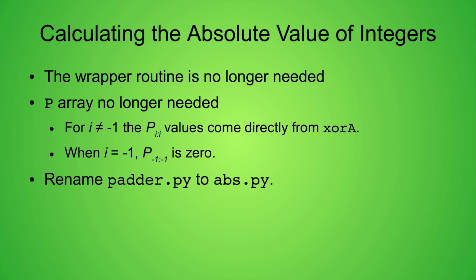I renamed the modified padder.py script to abs.py to match its actual function. The modified script generates circuits to compute the absolute value of arbitrarily wide integer values. The comments and copyright notice were also updated, and that wraps up the development of the script.